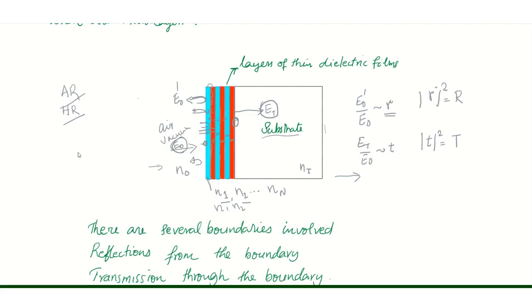And then there is also something called an interference filter. That is a special type of high reflectance combination. That is to transmit only a very narrow band of radiation.